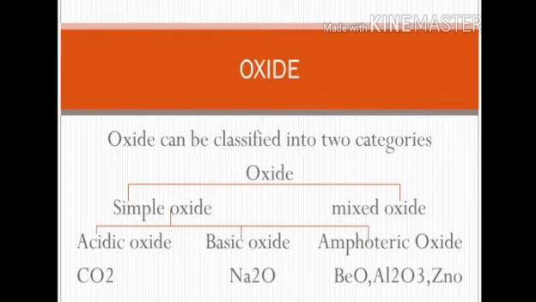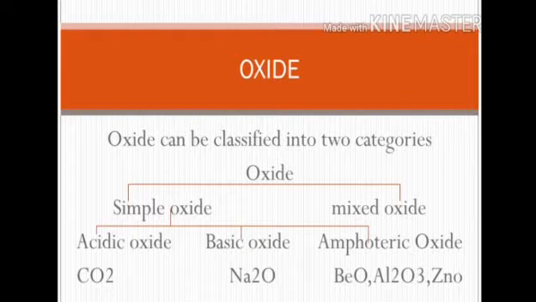SiO2 is weakly acidic. P2O5 is acidic. SO3 is strongly acidic. And Cl2O7 is strongly acidic. And also we look at the group. We observe that the oxides exhibit increasing basic character or decreasing acidic character.